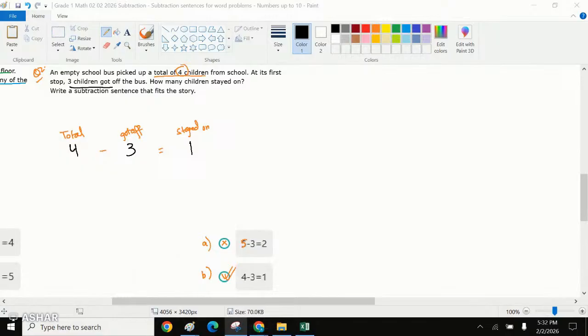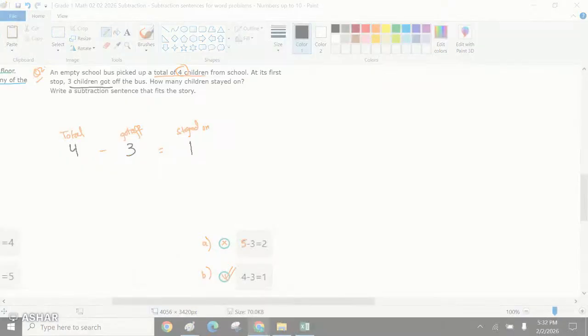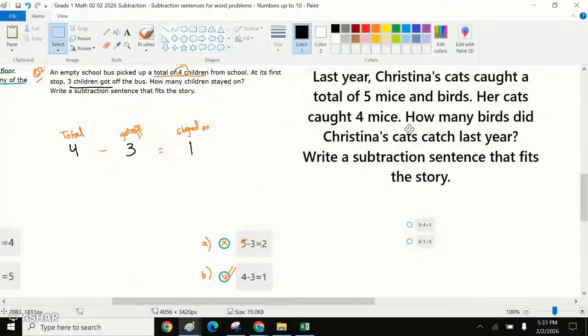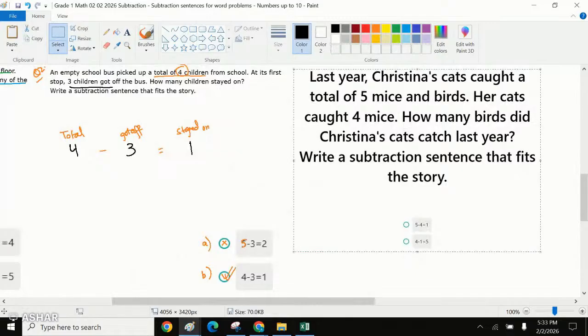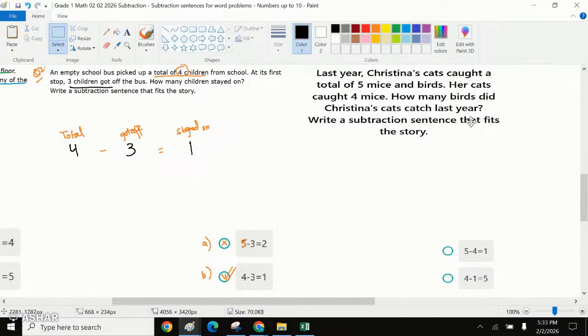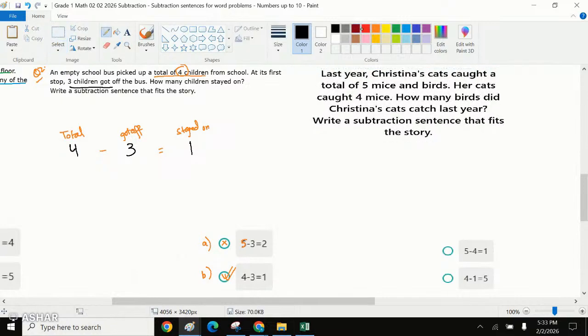Very similar to the question that we did. It's about Christina's cat. For question number 3, it says this. Let me just reduce the size. This is our question number 3.